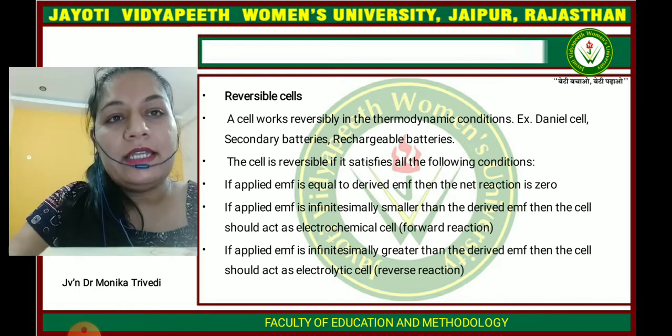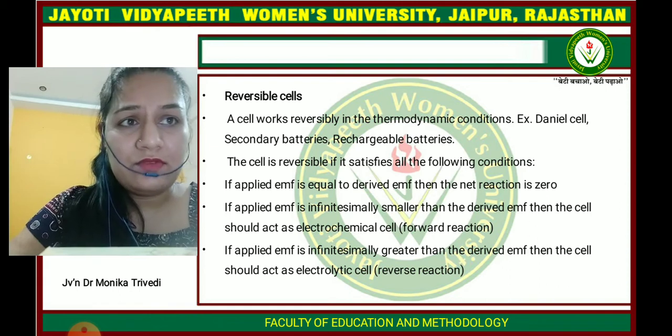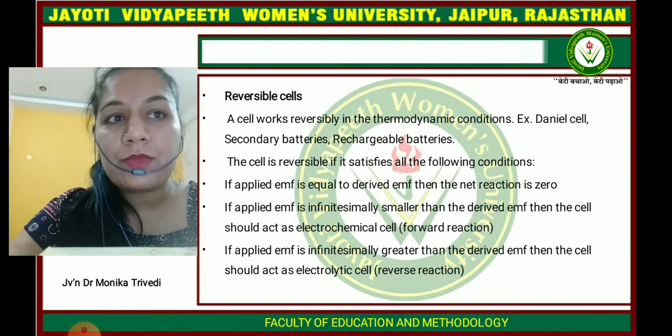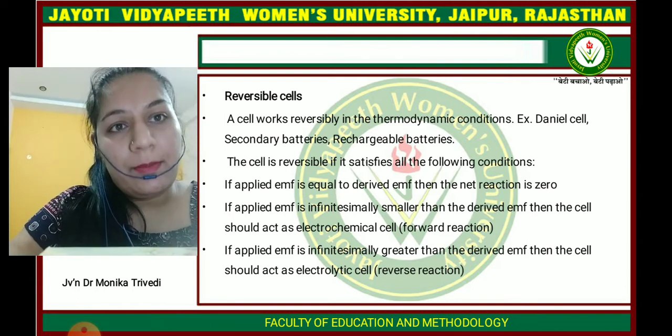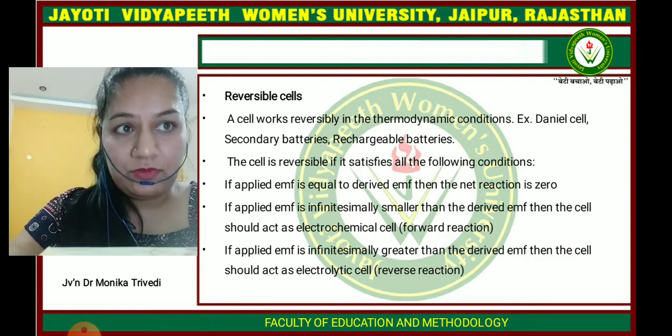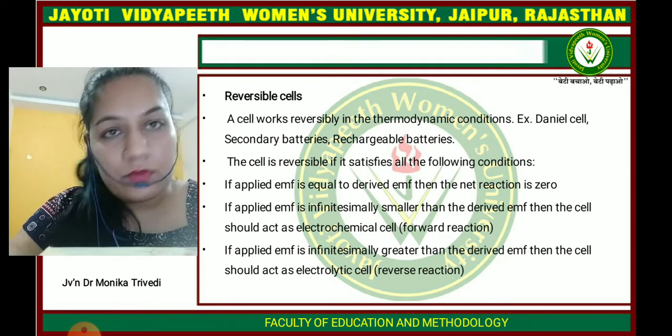If the applied EMF is less than the derived EMF, then the cell acts as an electrochemical cell, a forward reaction. If the applied EMF is greater than the derived EMF, then the cell acts as an electrolytic cell, a reverse reaction.